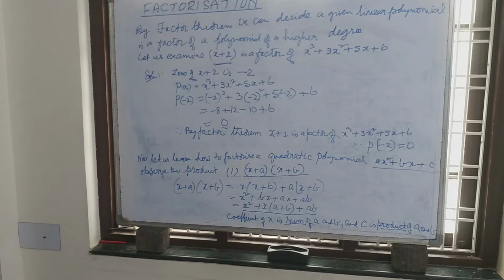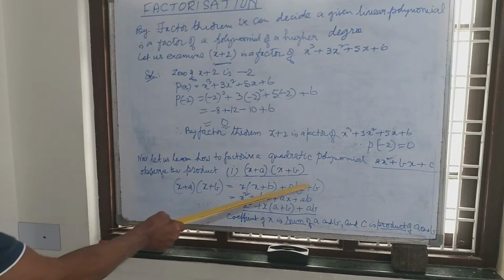So observe these things. And now let us learn how to factorize a quadratic polynomial of the form ax² + bx + c. First of all, observe this product of two binomials, (x + a)(x + b). The product is x(x + b) + a(x + b).